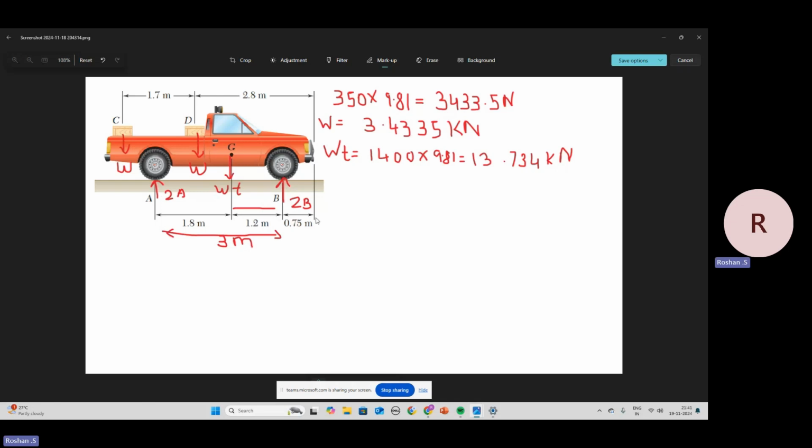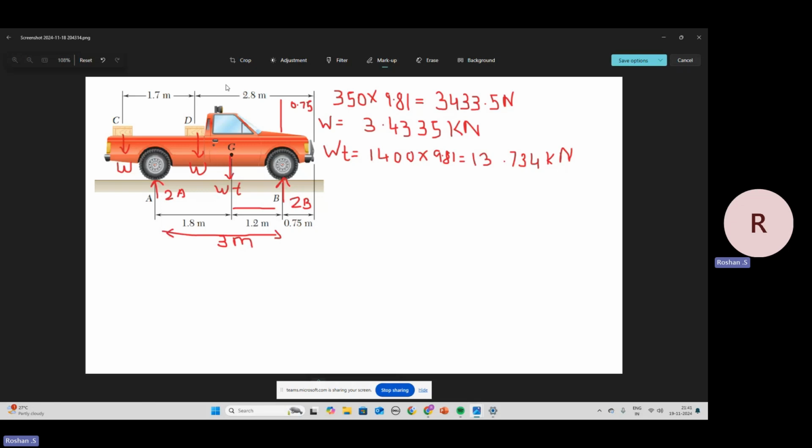So if this is going to be 0.75, this will also be 0.75. So the distance of this D carton from point B would be 2.8 minus 0.75.